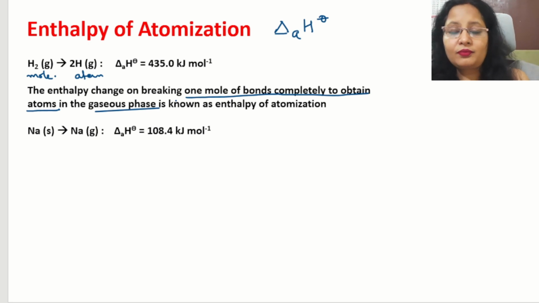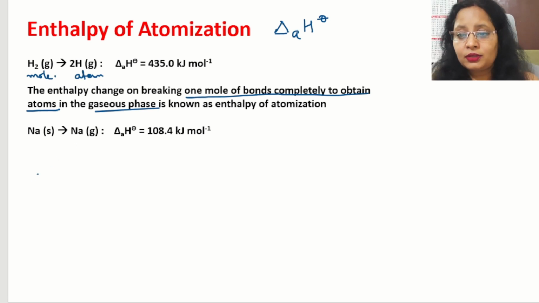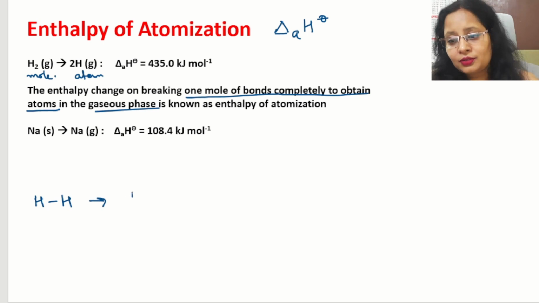Simple? Clear? So the hydrogen molecule is like this, H bond H. It gives two hydrogen atoms. This is the molecule and this is the atom.